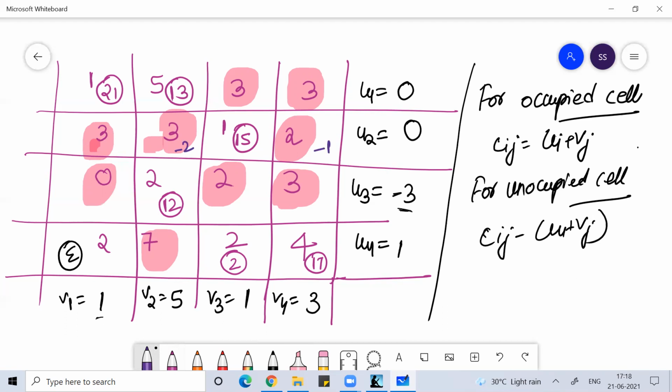Then this is minus 2, 0 minus minus 0, 0, then minus 3 plus 1, then 2 minus (minus 2), 4, 3 minus 3, 0, 3 minus 0, then 7 plus 1, 6, 5 plus 1, 6, so 7 minus 6, 1. You can see this is the allocation you get for the unoccupied cells.